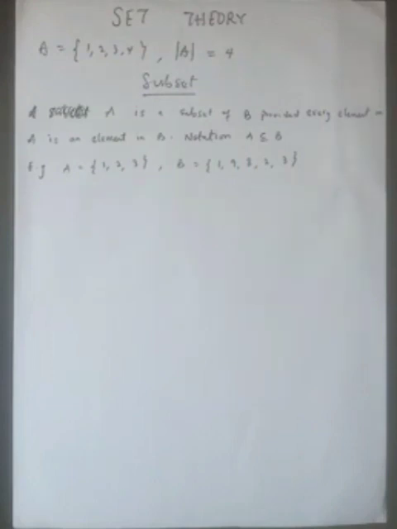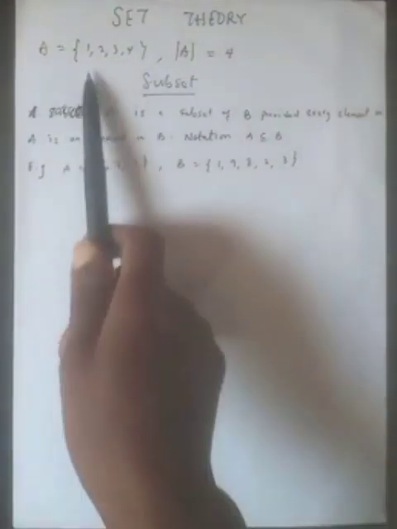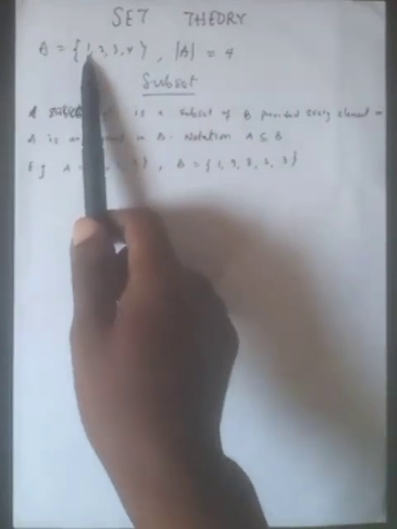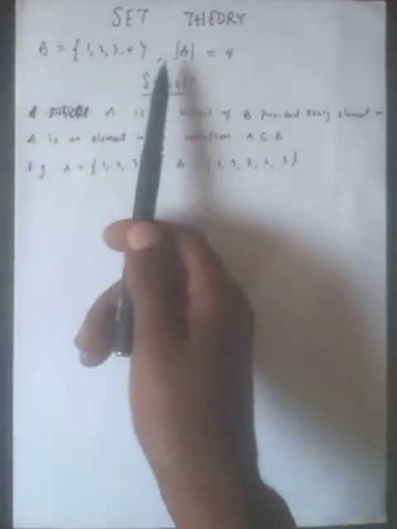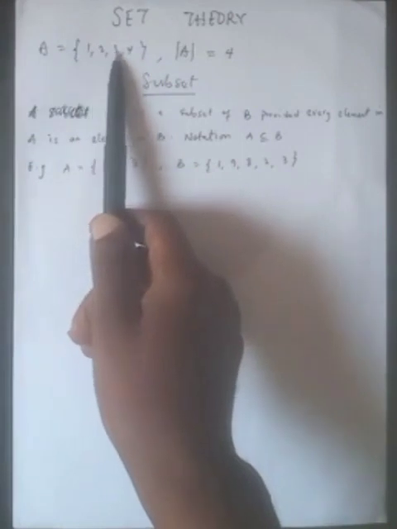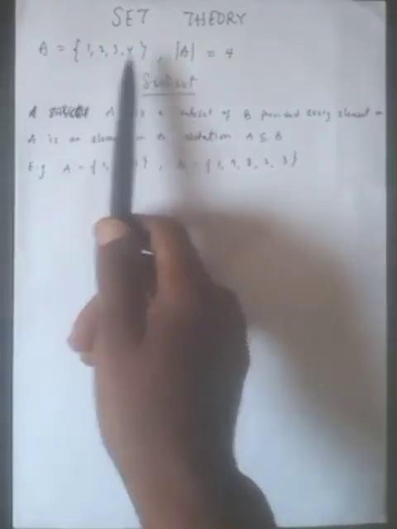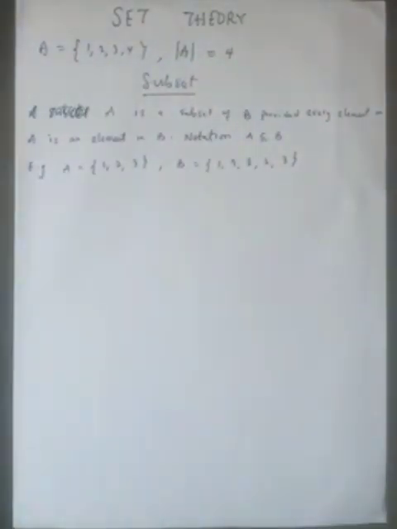So by cardinality of a set, what that means is the number of elements, the number of items contained in this set. And to achieve that, what we are going to do is count the elements we have in it. So the elements here are 1, 2, 3, and 4, which shows that the cardinality of set A here is going to be equal to what? To 4.